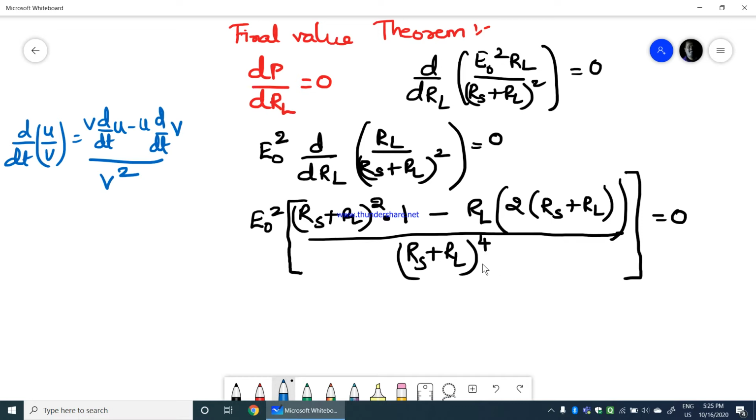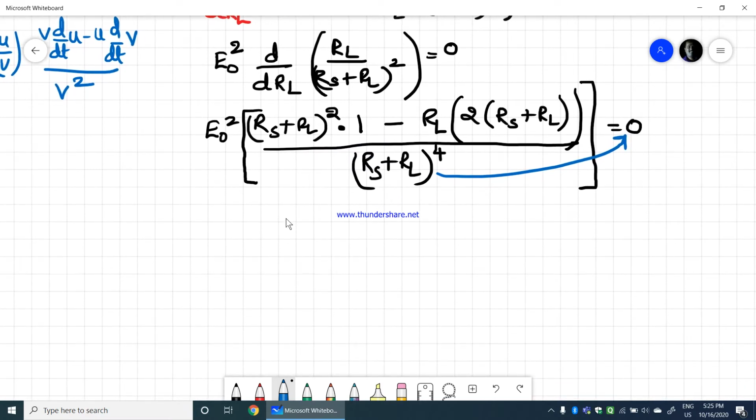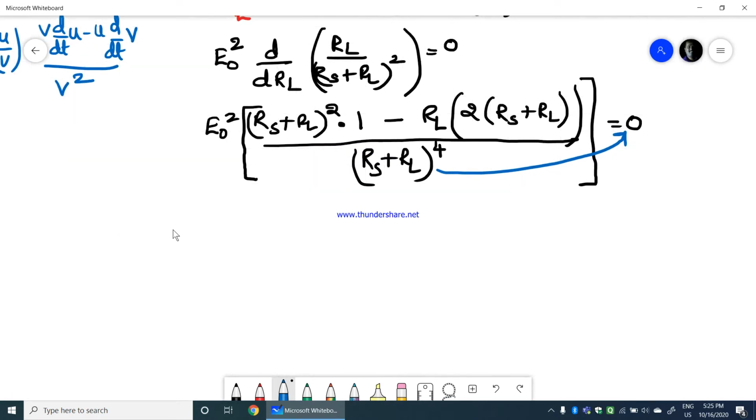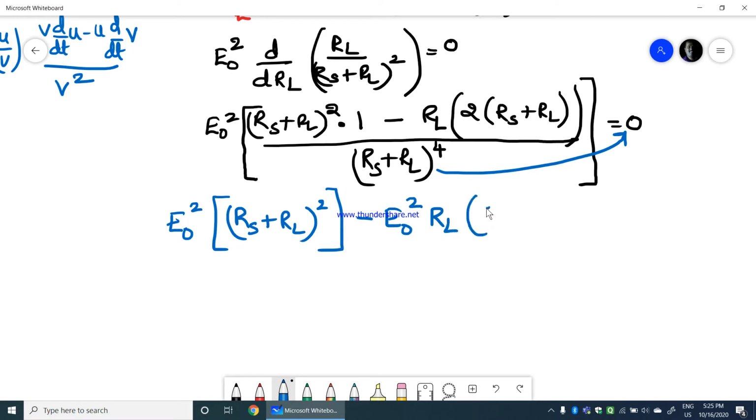Now when I multiply this with 0, the denominator will vanish because it multiplies with 0 and becomes 0. Therefore, E naught square multiplied with RS plus RL the whole square minus E naught square into RL into 2 times RS plus 2 times RL equals 0.